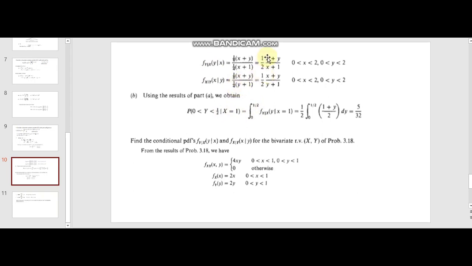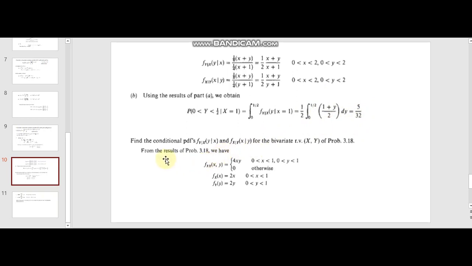So I will incorporate x is equal to 1, and I will get the formula 1 plus y divided by 2. When I integrate it along the y direction, the answer would be equal to 5 by 32.